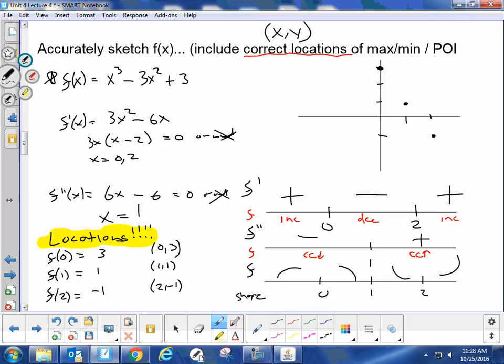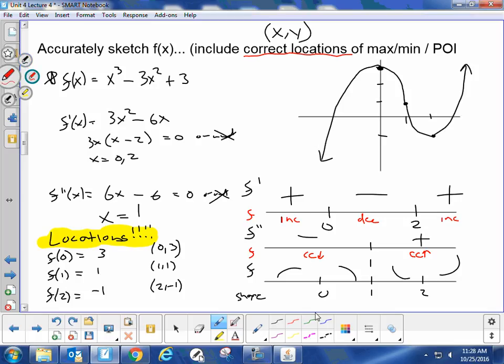And what's great is that I know the shape of f that is connecting those points. Increasing concave down, decreasing concave down, decreasing concave up, increasing concave up.